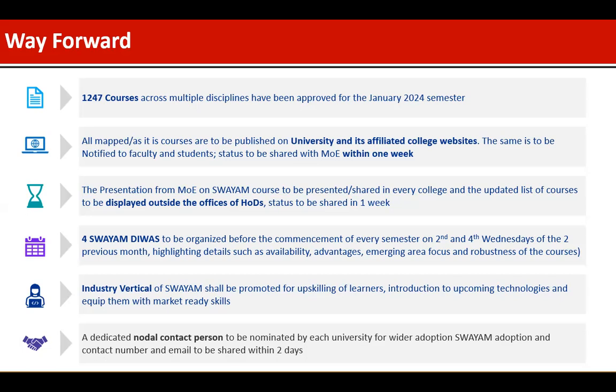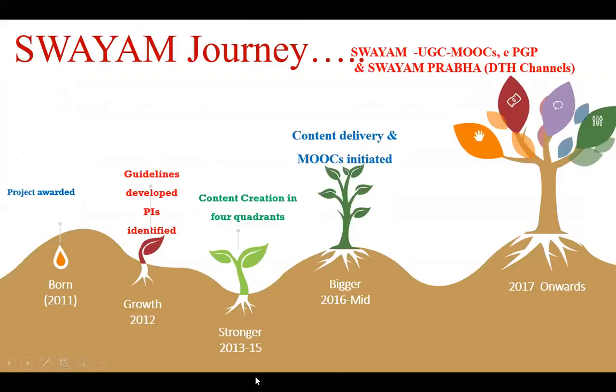Each university also needs to establish a Swayam digital learning monitoring cell and facilitate student enrollment and other components. The same thing applies in the upcoming 12th cycle, starting from January 2024. They also mandate that a nodal person or contact person be appointed at the university level as well as at the college level. That has to be there.